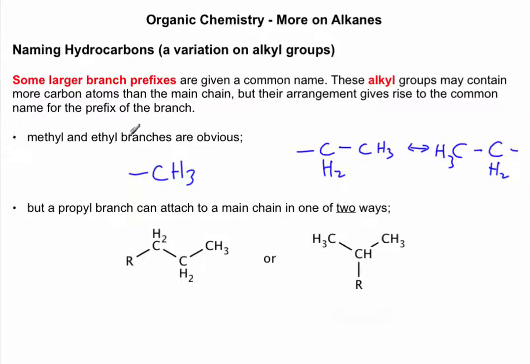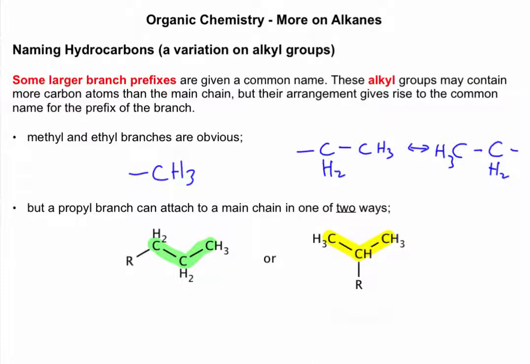But that changes when you get a propyl branch. If we look at a propyl branch, a 3-carbon branch, here's my R group, that's the main chain, and I have carbon 1, 2, 3. So the branch is attached to carbon 3. Well, in this case, there's my group, the branch is attached at carbon 2 of the branch. And so that's a different structure.